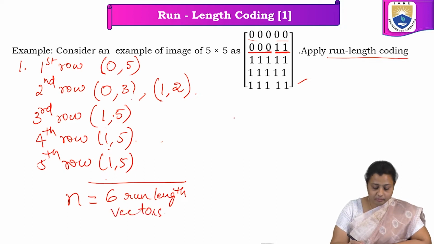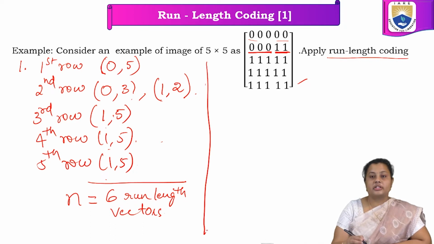Now, how do we calculate the number of bits required to represent our image? For that, we have to calculate the number of bits required to represent each vector. We have 0, 5, 0, 3, 1, 2, 1, 5, 1, 5, 1, 5. These are the vectors.